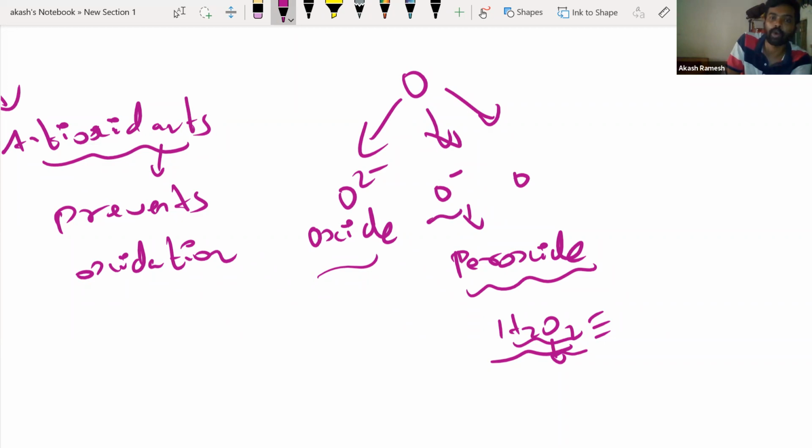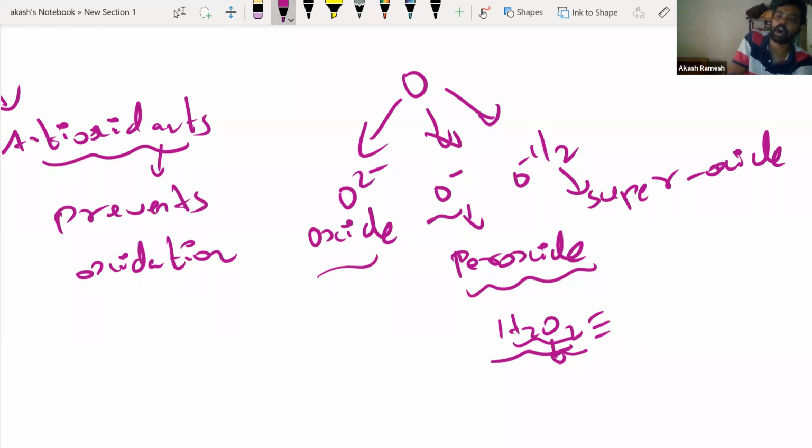I can even have O to the power minus half. This is what is called superoxide. For example, I have KO2, which is potassium superoxide.